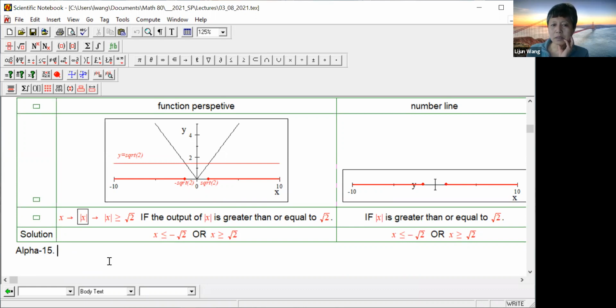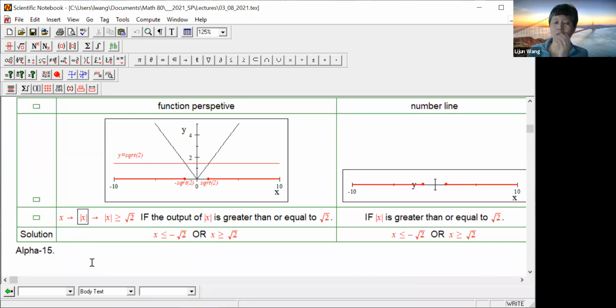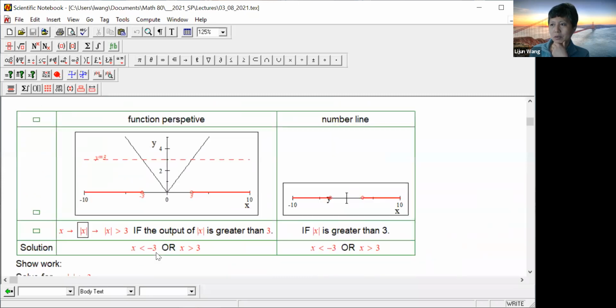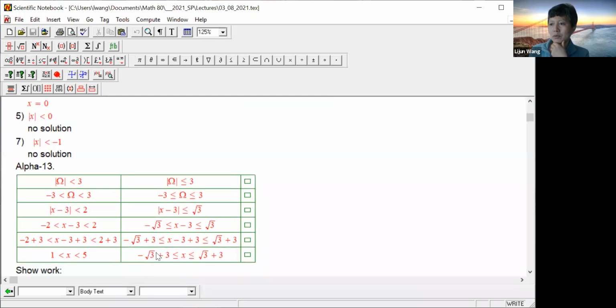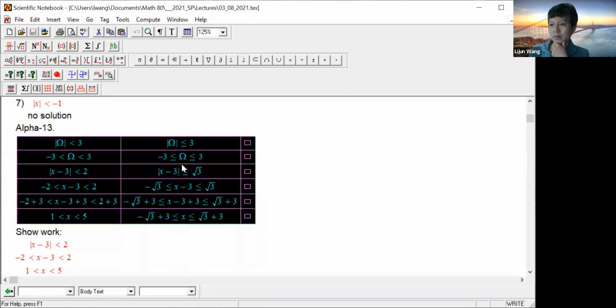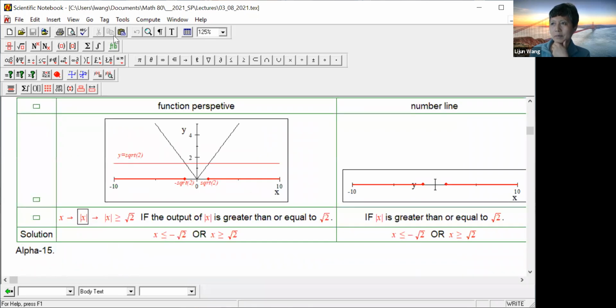So once again, for alpha 15, we have a similar scenario. I'm going to bring up the similar scenario to the less than case. Forgive me, I'm doing this because I want you to compare that scenario in your study and understand its meaning.